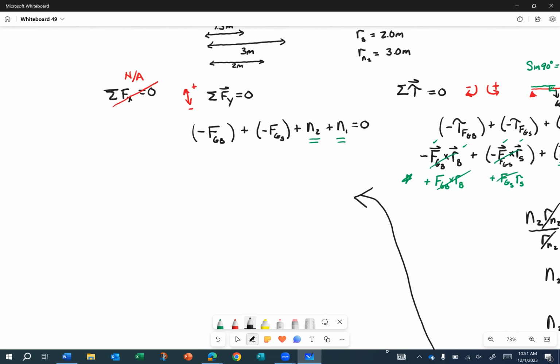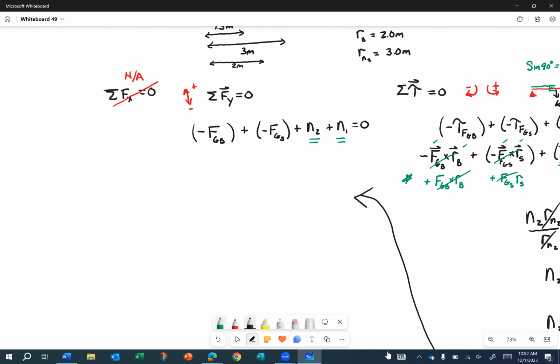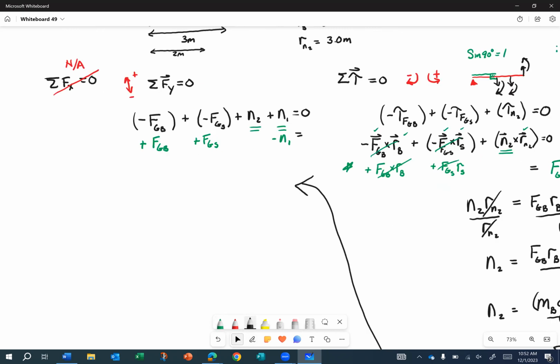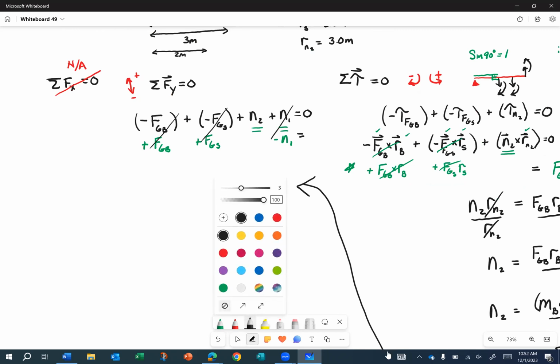So plugging these numbers in to solve for N1, we would rearrange the equation to subtract N2 and add the force of gravity of the beam and the force of gravity of the student, subtract off N1, and put that on the other side of the equation, so that it cancels out over here.